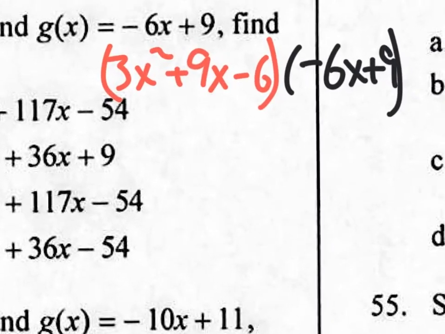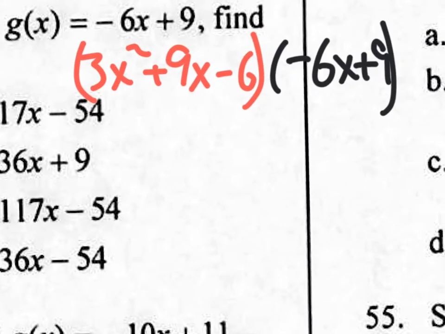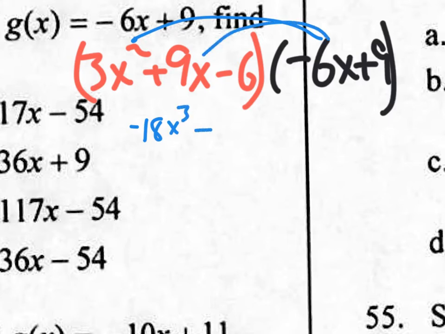I prefer to distribute the binomial into the trinomial. Let me just focus in on this. So distributing the binomial into the trinomial, negative 6x times 3x squared, that's negative 18x to the third. Distributing negative 6x into positive 9x, it's going to be a negative 54x squared. Distributing the negative 6x into the negative 6, it's going to be a positive 36x.